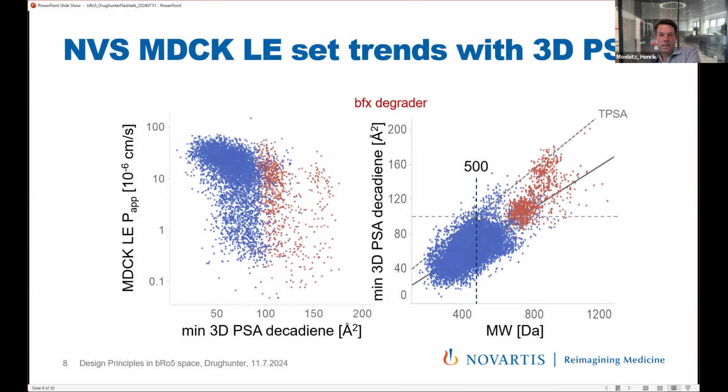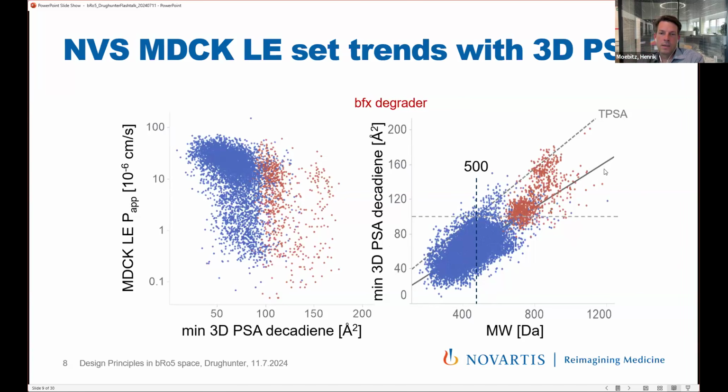And on the right is a plot of the increase of 3D PSA with molecular weight. You can see it's basically a linear function of molecular weight with a certain fluctuation around the linear regression in bold line.